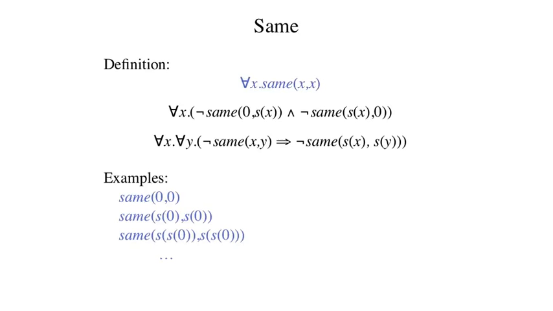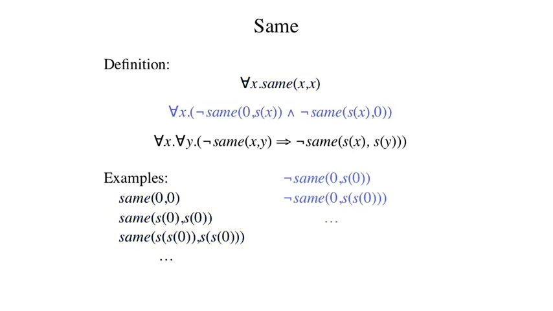It's easy to see that these axioms completely characterize the same relation. By the first axiom, the same relation holds of every term and itself. The other axioms tell us what's not true. The second axiom tells us that 0 is not the same as any composite term. It's also true with the arguments reversed.